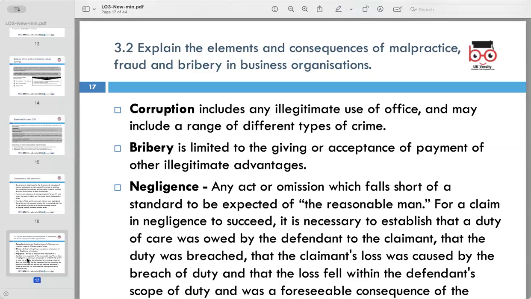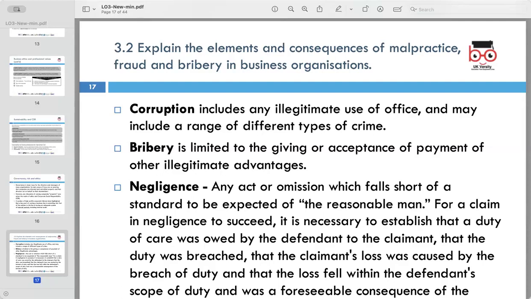Negligence refers to actions or omissions that fall short of the standard expected of a reasonable person. To establish a claim in negligence, it is essential to demonstrate that a duty of care was breached and resulted in foreseeable loss to the claimant.